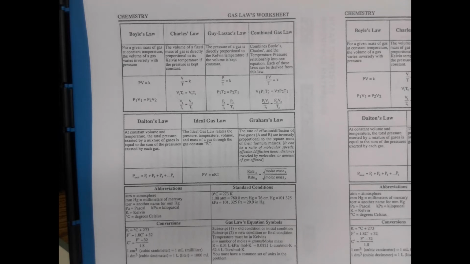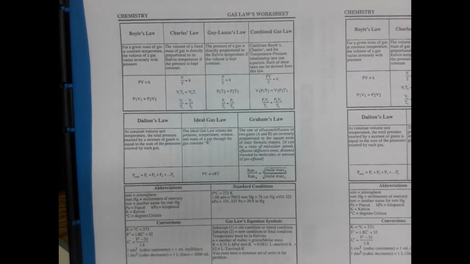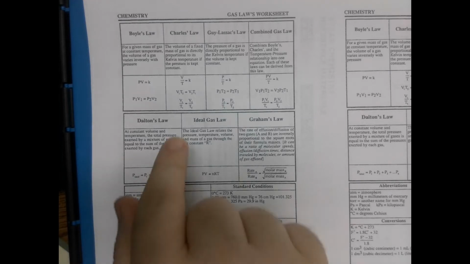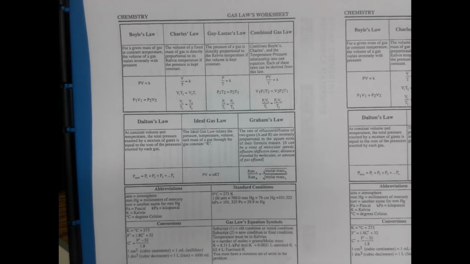So we have Boyle's law, Charles's law. Note it's a misspelling. It should say Gay-Lussac, not Guy. And then a combined gas law, and it writes it in various forms. Again, I prefer the equations where all the initial variables are on one side, all the final variables are on the other side.